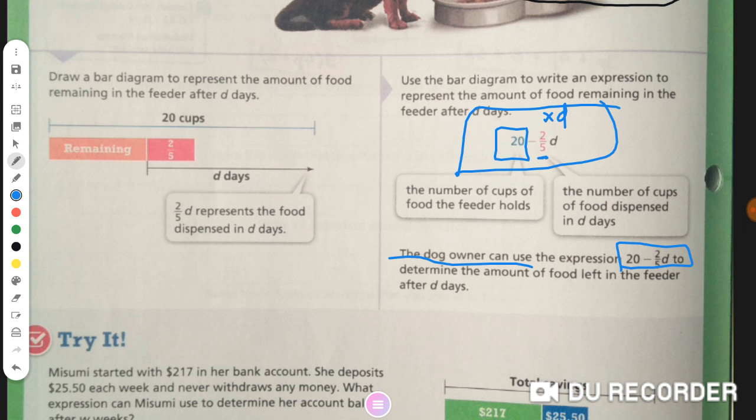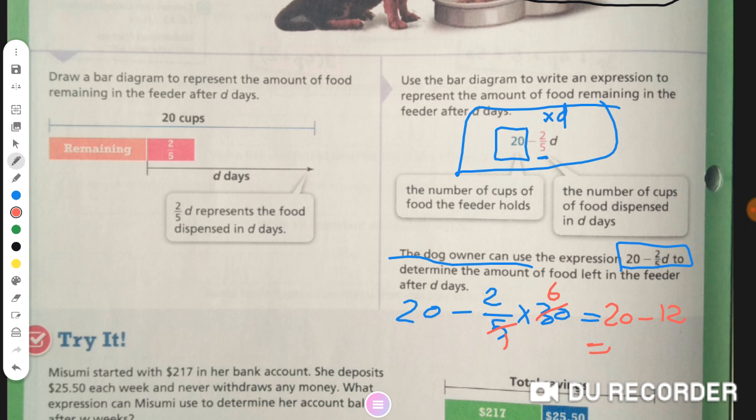Okay, let's apply it. If this man will go out for 30 days, do you think this amount of food is enough for him? After he fills the feeder with 20 cups, let's calculate it. So how many days? 30 days. After 30 days, it's 20 minus 2 over 5 multiplied by 30. 30 divided by 5 equals 6, 2 times 6 is 12, so it's 20 minus 12.